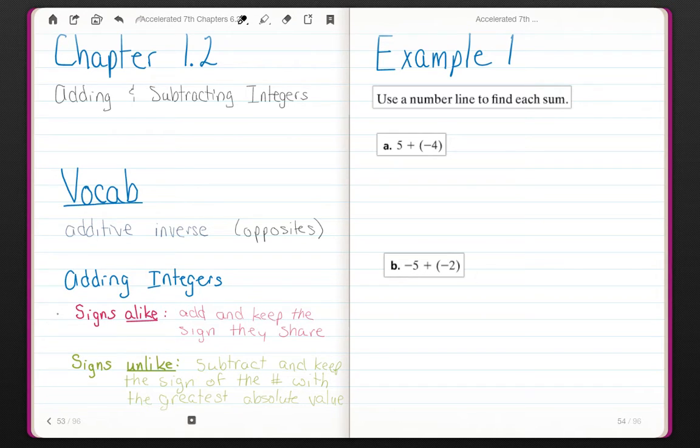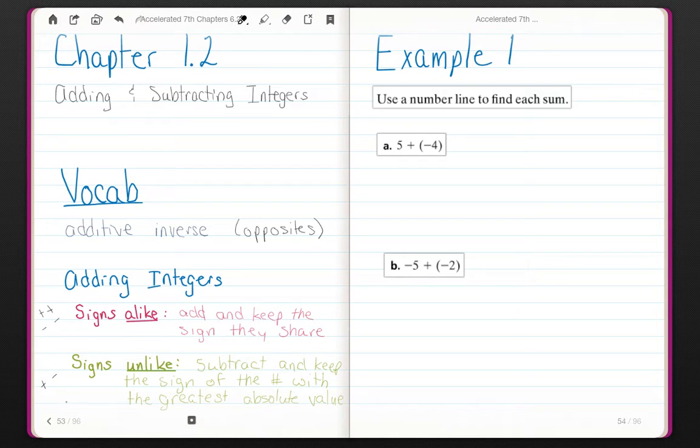So if your signs are alike, meaning they're both positive or they're both negative, you're going to add and keep the sign that they share. If your signs are unlike, meaning you have one positive and one negative number, you're actually going to subtract and keep the sign of the number with the greatest absolute value.